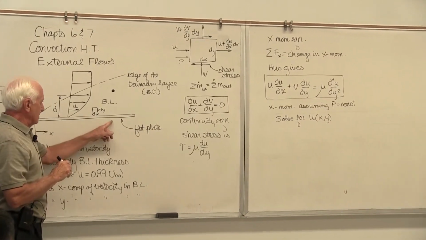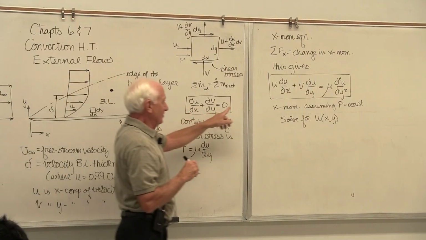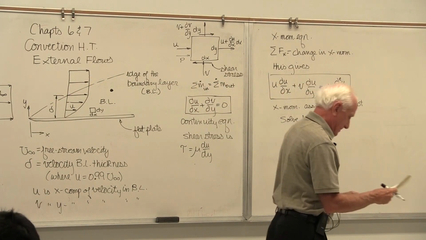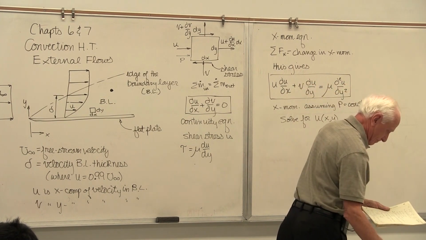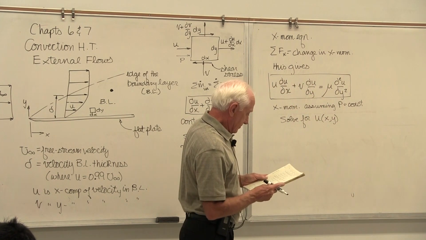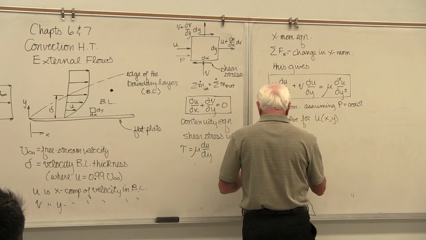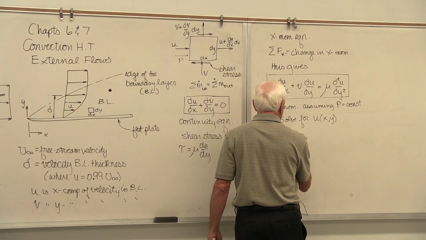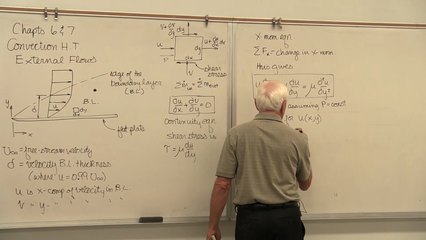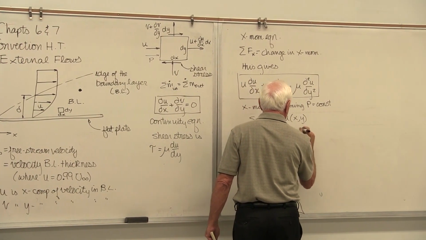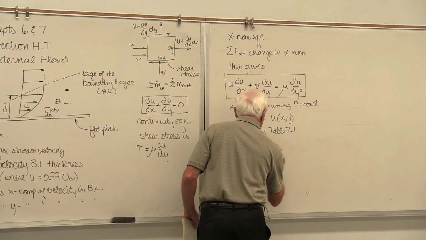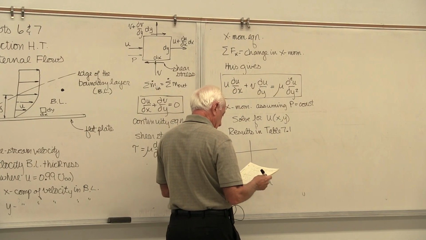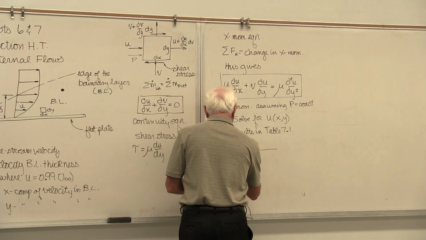I give you an x and a y, and hopefully you tell me what little u is. Now, to do that is not simple. And in ME 312, normally you don't go through all the gory details. But anyway, the results are in Table 7.1 in our book. Table 7.1 looks like this. The first column is this.